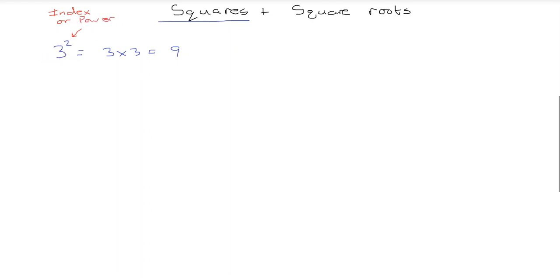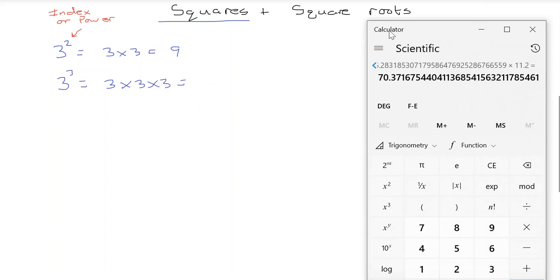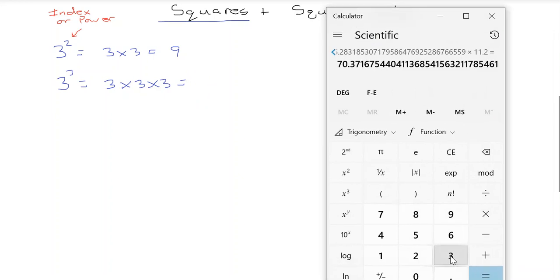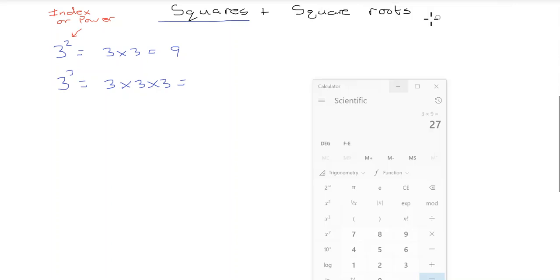So for example, you could have 3 to the power of 3. What that means is that you have the number 3 and you multiply it by itself 3 times. 3 by 3 is 9, and 3 multiplied by 9 is equal to 27.